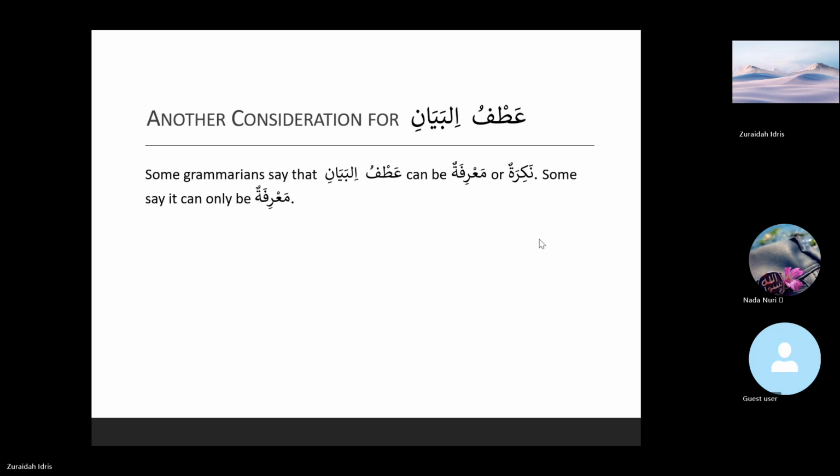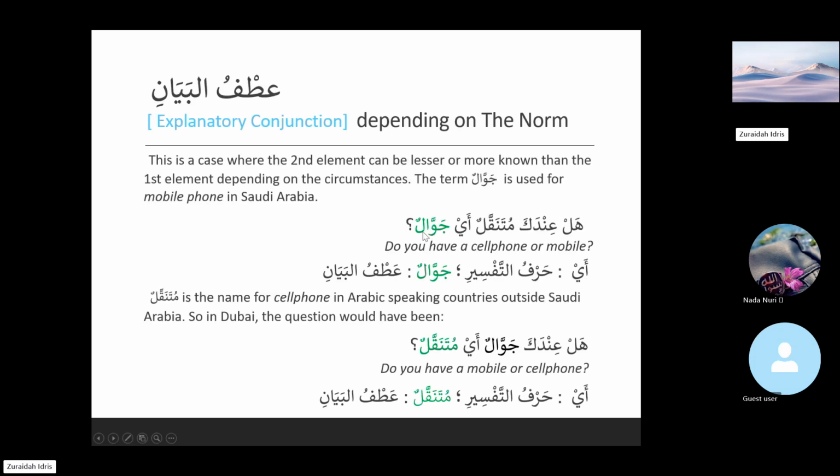Now, here is going into really fine detail. What we have seen so far, if you see the examples here, is that our atful bayan is nakira, jawalun, mutanaqqalun, nakira.